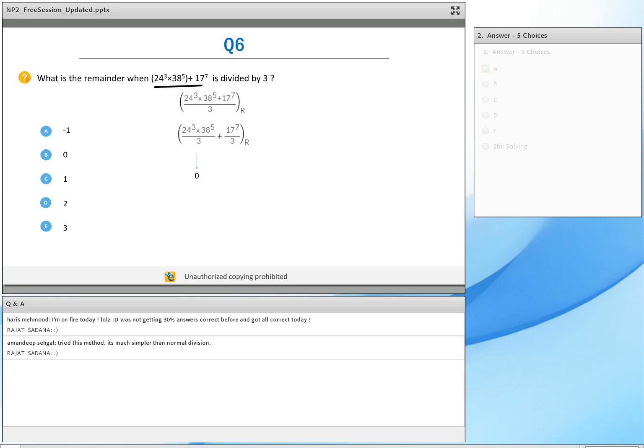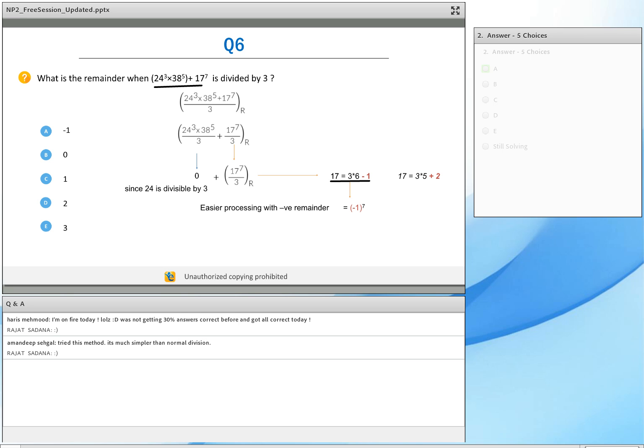Now we have to find the remainder of 17 to the power 7 divided by 3. How do we go about finding the remainder of this? There are two ways of doing it. One is we can do the positive remainder, or the second is we can do the negative remainder, where we can express 17 as 3 times 6 minus 1, which means the remainder is going to be minus 1 to the power 7.